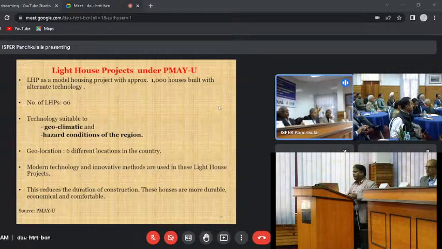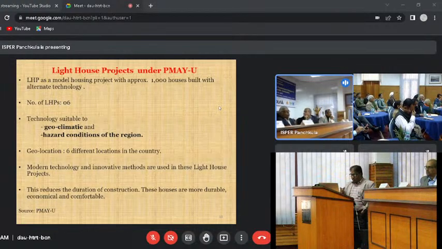The second important thing is the natural hazards prevailing across the globe nowadays. So based on these two factors, the technology has been selected. There are 6 different locations, and these houses provide light, since it is just a model, so that we can understand how things go ahead.